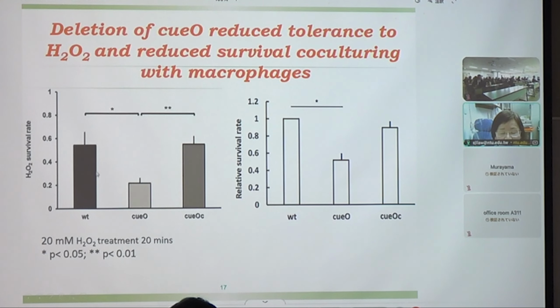The left diagram shows the CueO mutant has a decreased survival rate on exposure to 20 millimolar hydrogen peroxide, and also has a lower survival rate in co-culture with macrophages. The two data are parallel because we know the macrophage is an environment rich in oxidative stress like hydrogen peroxide.